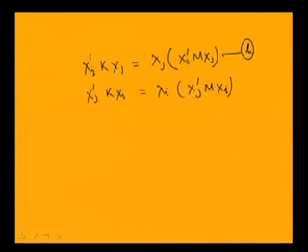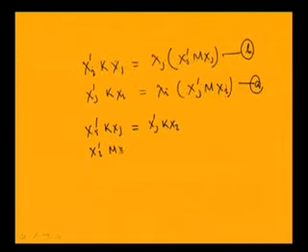Now, if the stiffness matrix and mass matrix are symmetric, then you know that x_i' k x_j will be equal to x_j' k x_i and x_i' m x_j equal to x_j' m x_i.